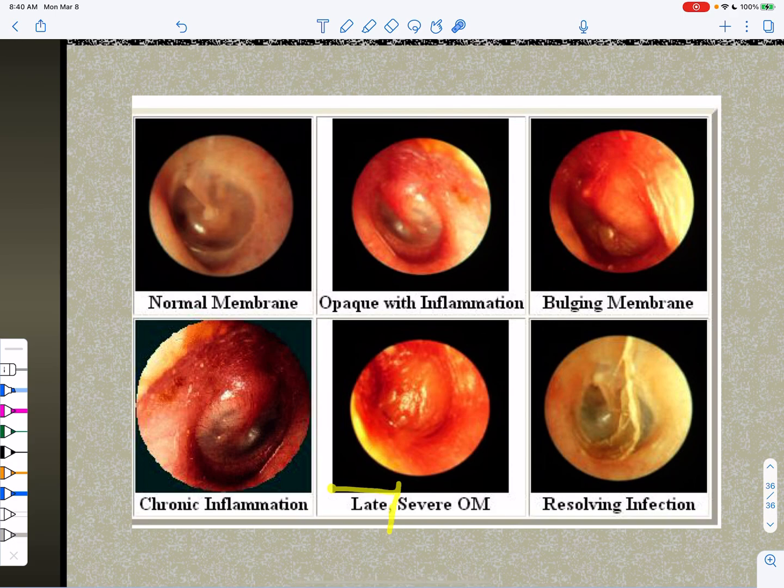It's late and it was severe. So it would be almost like this clearing up is going to clear up to this. And if you're not careful, it'll end up with scar tissue on your tympanic membrane, which will change what you hear. So you want to resolve ear infections as best you can.